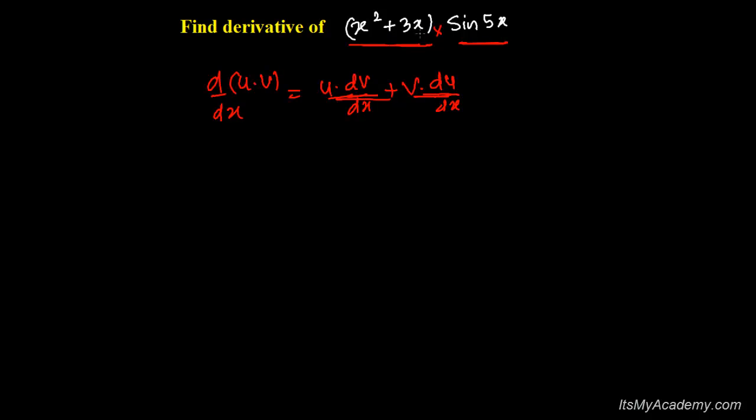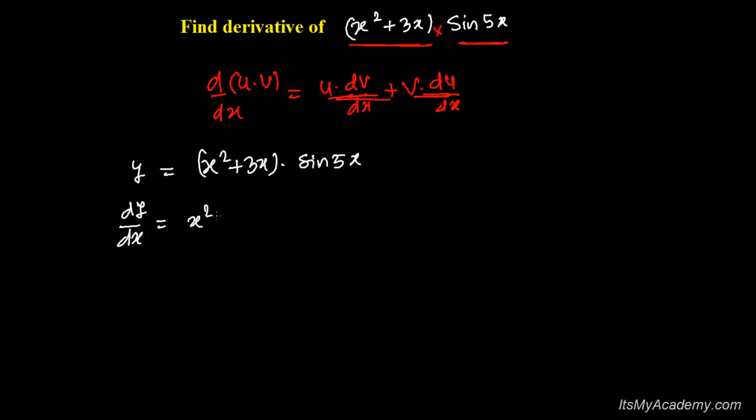Now we are using it in mixed functions. Let my function be y equals (x squared plus 3x) times sine 5x. Now the derivative of y with respect to x will be the first function times the derivative of the second function.